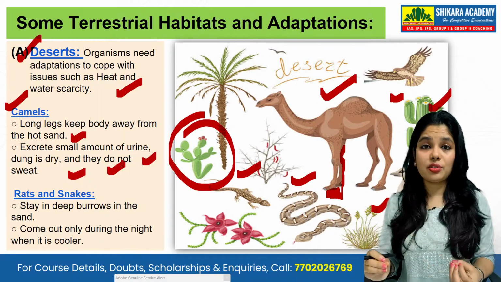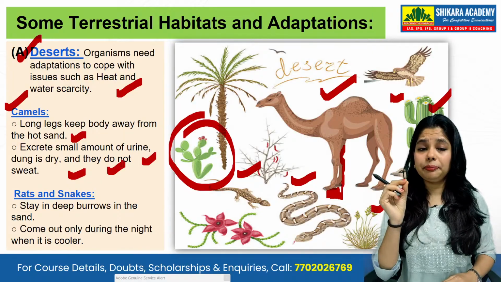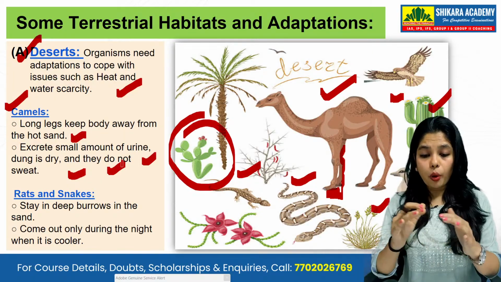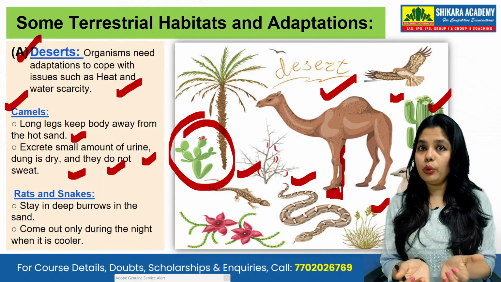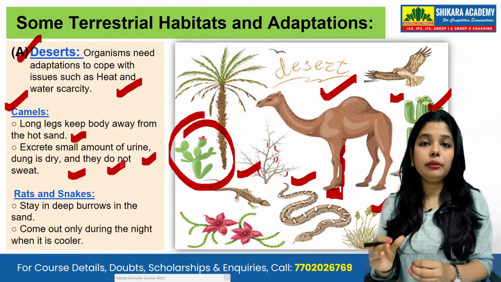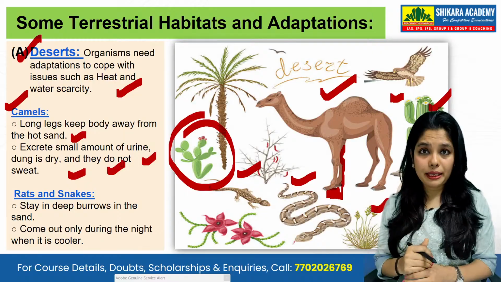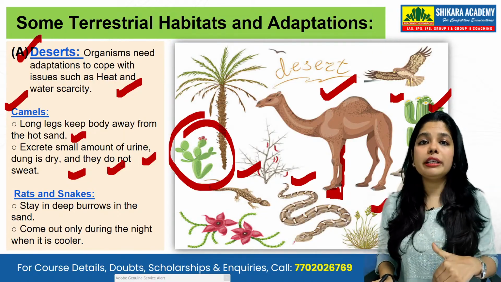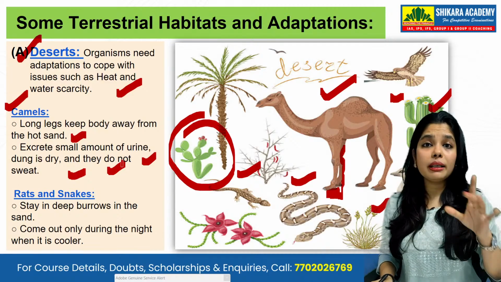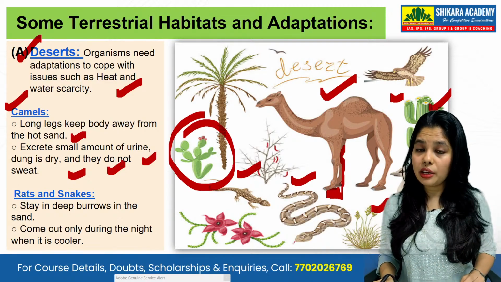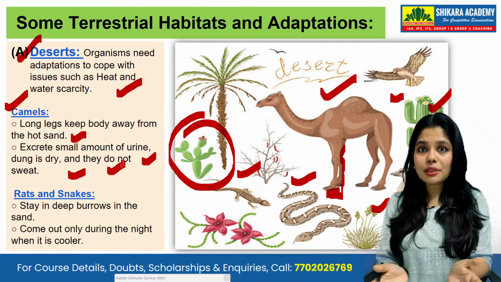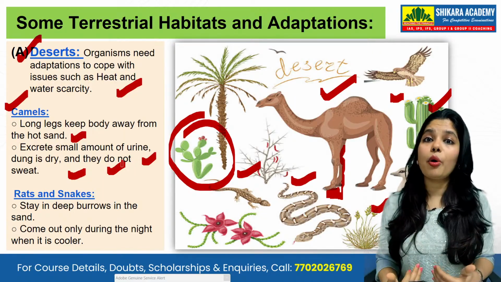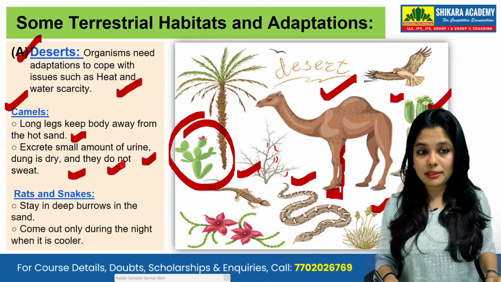So their body is adapting so that they don't have to throw out water as we do in our places, where we have an abundance of water. We can drink 4 liters of water, we can waste water, but in the desert, can you see the same scenario? No. There the organisms are adapted in such a way that they have to conserve water within their body as well. And the camel is one of the best examples.